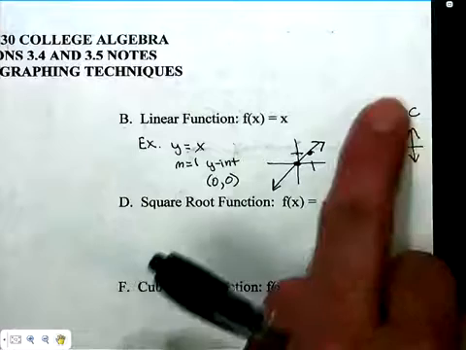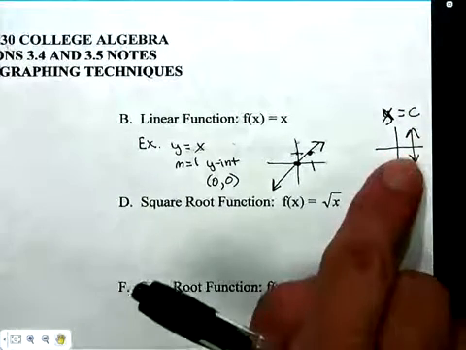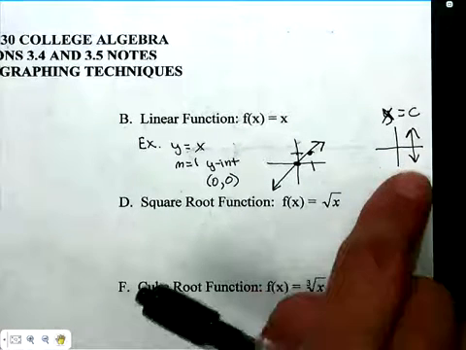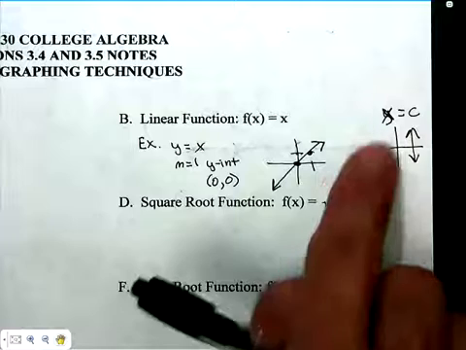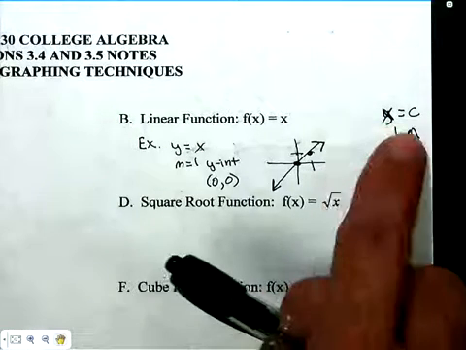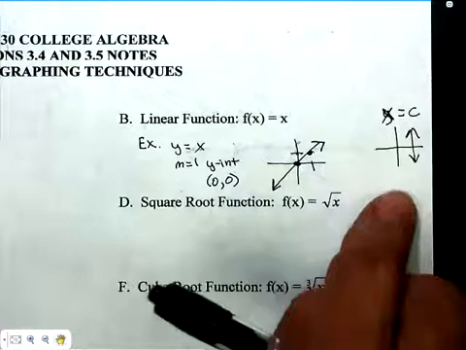All the ordered pairs on that line have the same x, but a different y. So it fails the vertical line test. It is a vertical line. So I could say graph this equation or graph this relation, but on this problem I couldn't say graph the function because it's not a function.